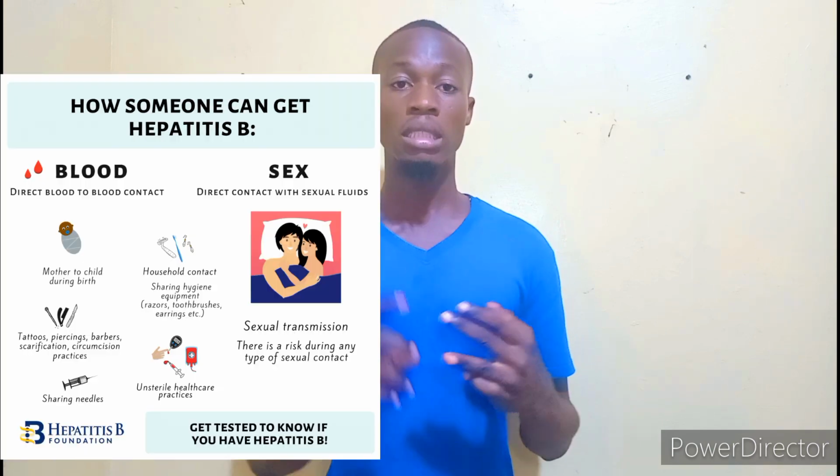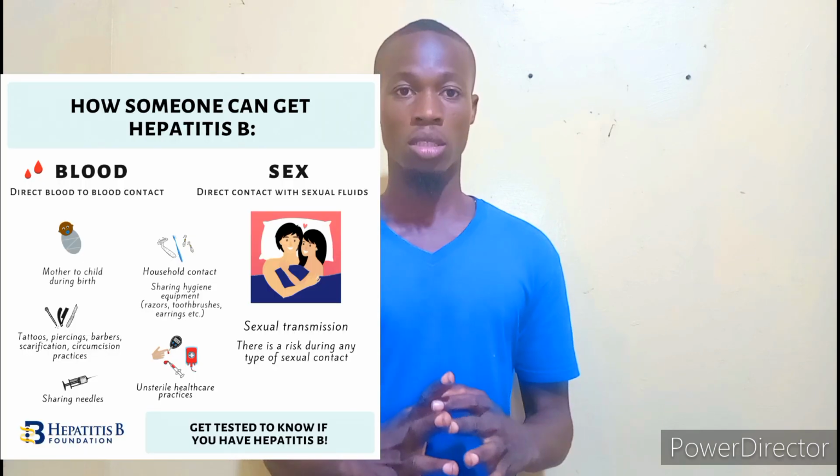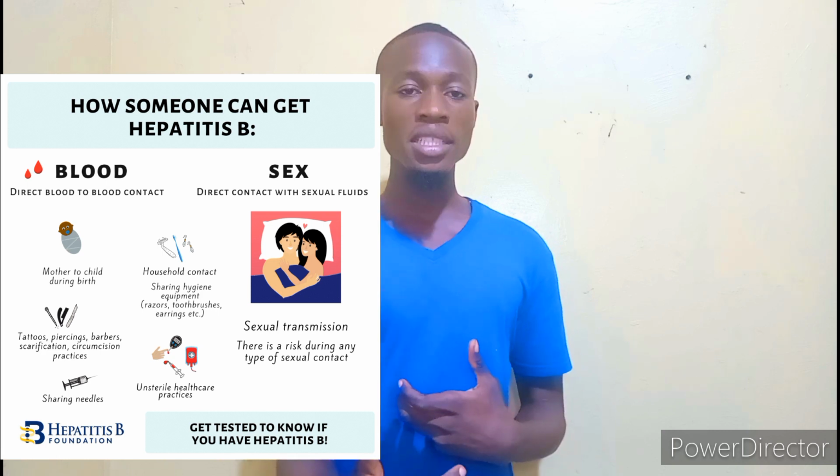Hepatitis also spreads through vaginal fluid, semen, and blood. When a person who is uninfected comes in contact with vaginal fluid, semen, or blood, and that substance enters the person's body, that person becomes infected.